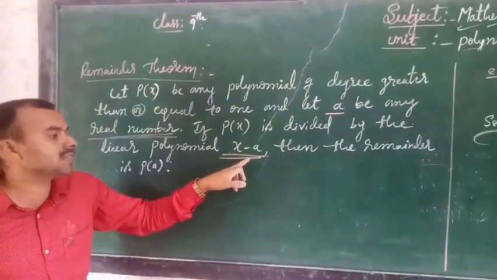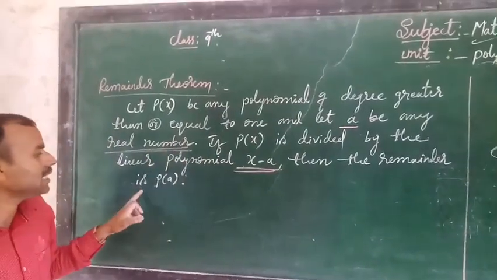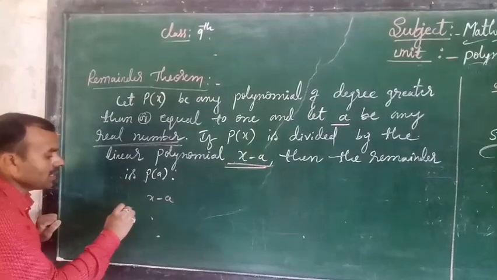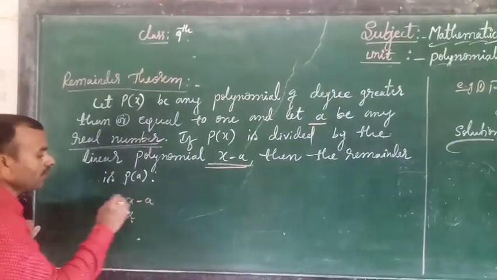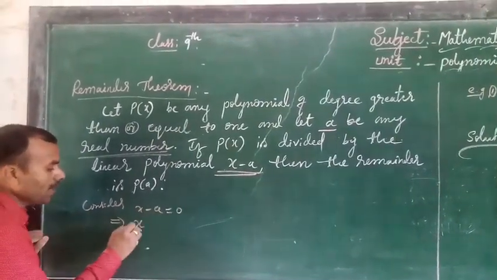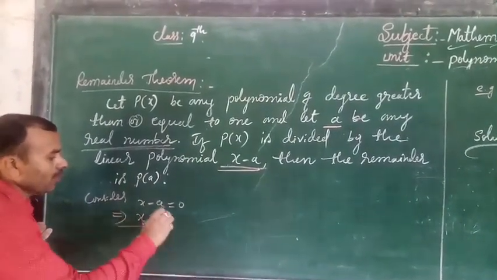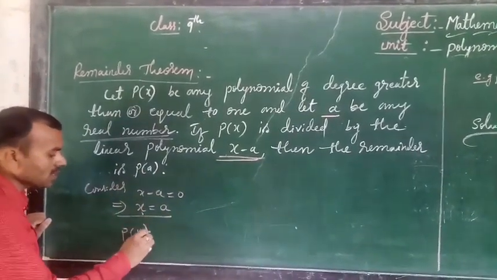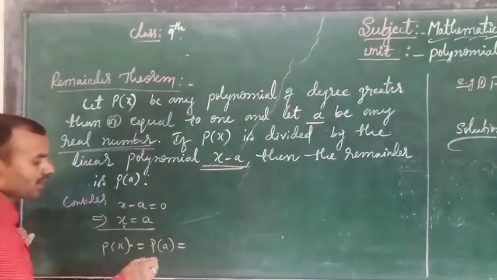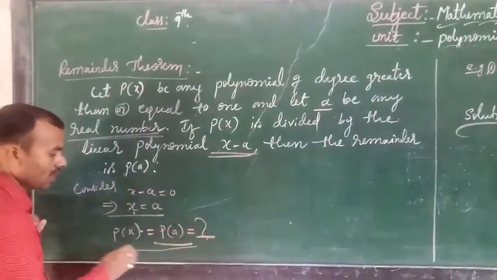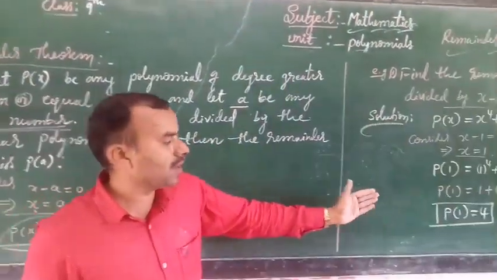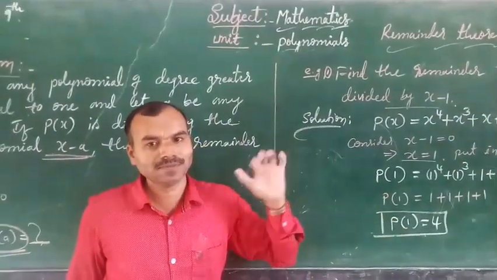In general x minus a, then the remainder is p of a. If we consider x minus a is equal to 0, it implies x is equal to a. In the polynomial p of x we put p of a, then we get the remainder. So the remainder is p of a. In the example, the remainder is p of 1.